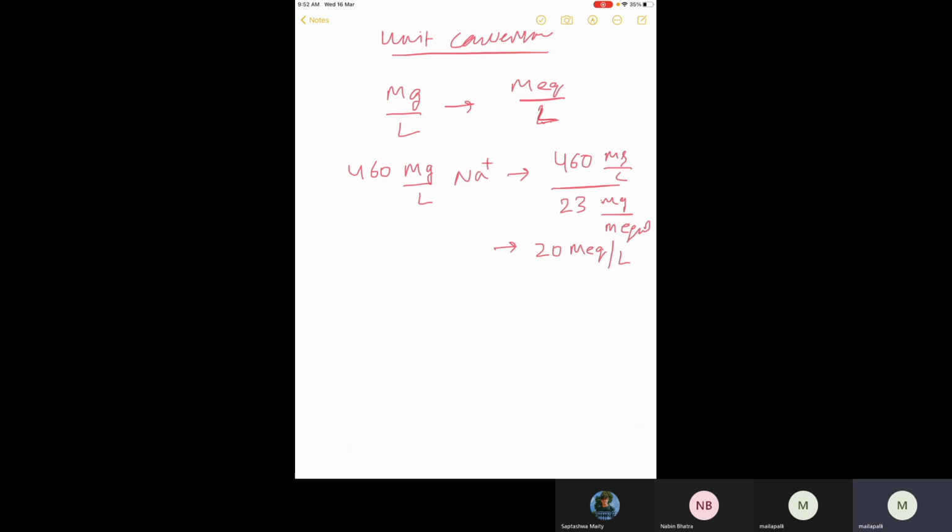Similarly for calcium, that is 40.1 milligram per liter Ca++. So this will be 40.1 divided by 2, since the valence is 2, in milligram per milliequivalent, and this will be about 2 milliequivalent per liter calcium.